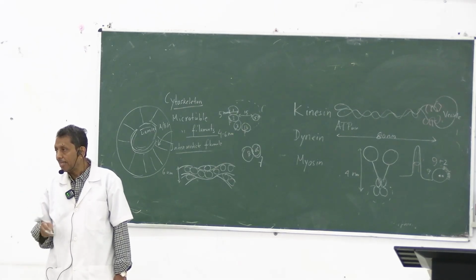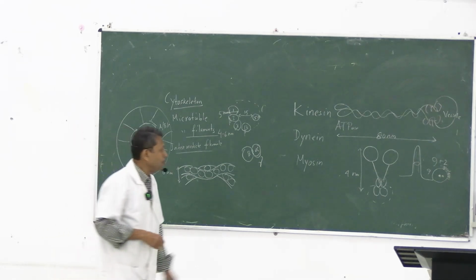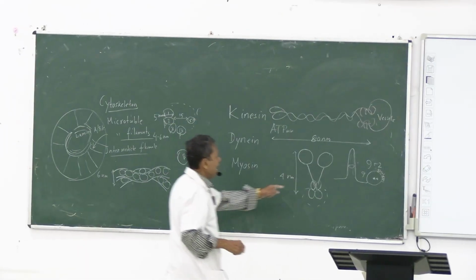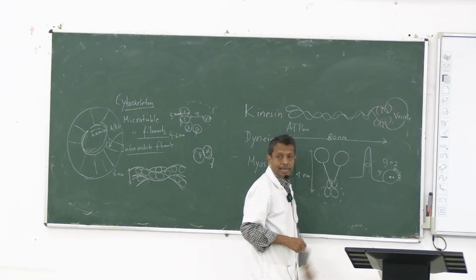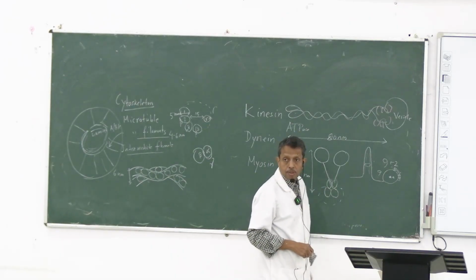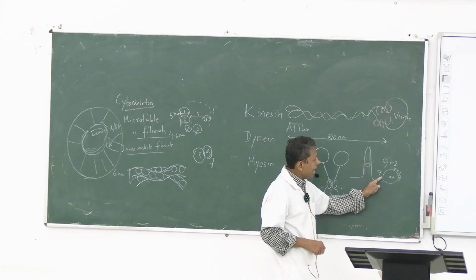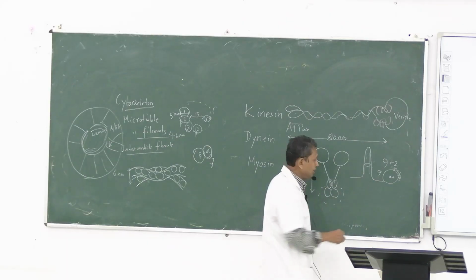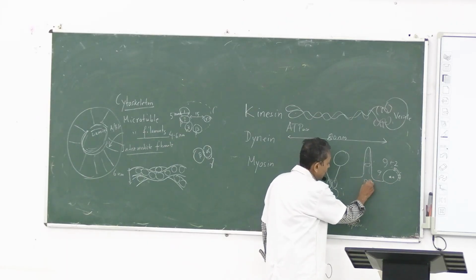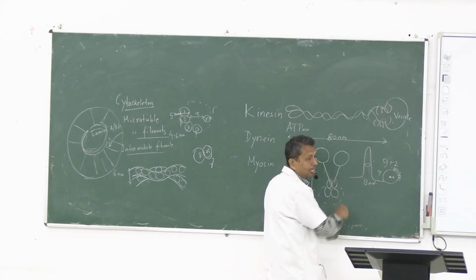They are continuously active by means of their cytoplasmic dynein, and also there is axonemal dynein. In this way, they are disposed 9 plus 2, and they are derived from the basal body. There is a basal body from which they originate, and the basal body corresponds to the centrosome.